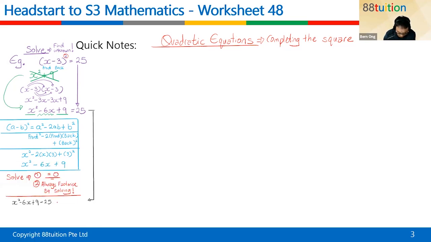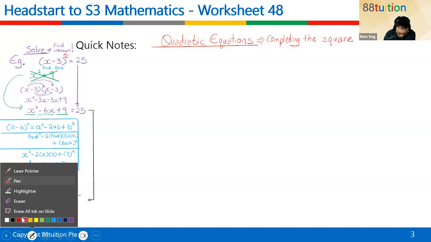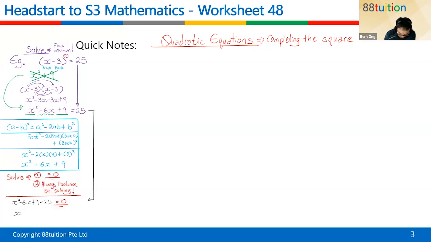Then down here will be equal to 0 already. Now you got the equal to 0 part. Happy? Then you simplify again. x squared minus 6x plus 9 minus 25. Plus 9 minus 25 is minus 16, equal to 0. Happy?